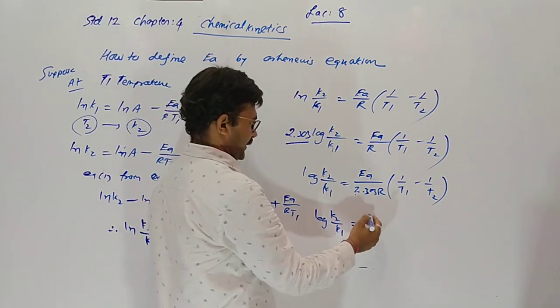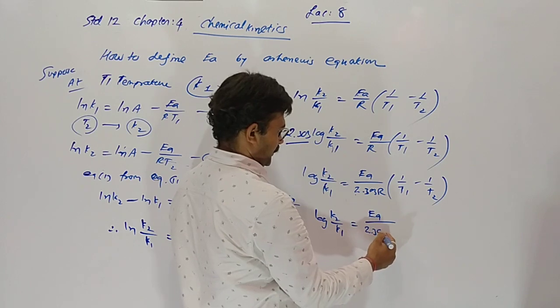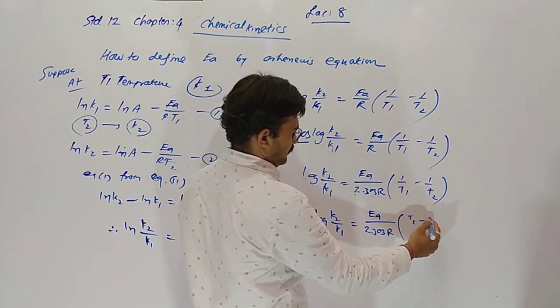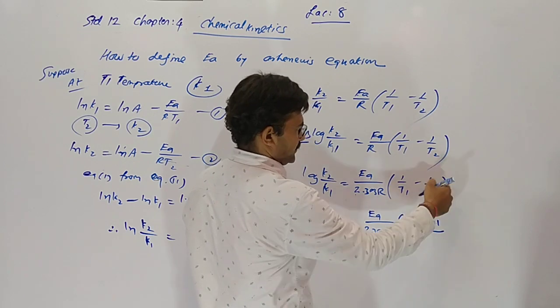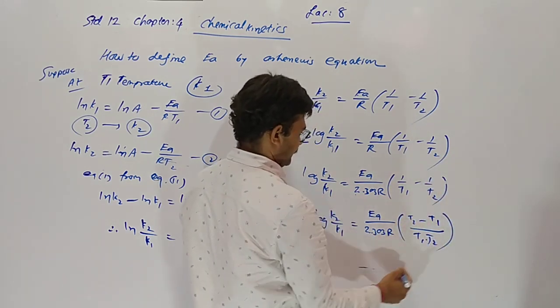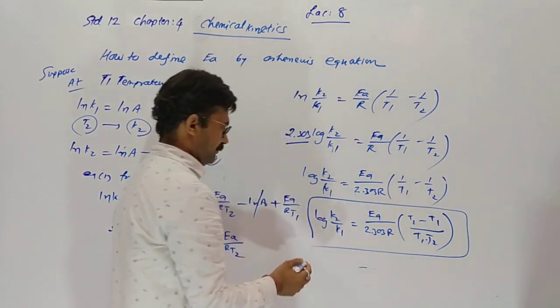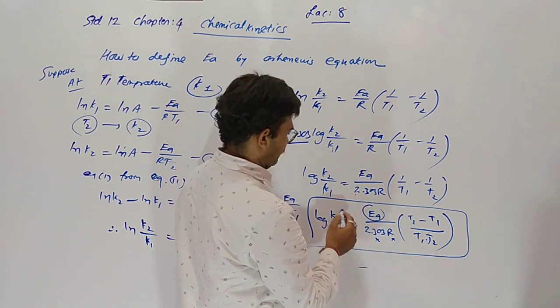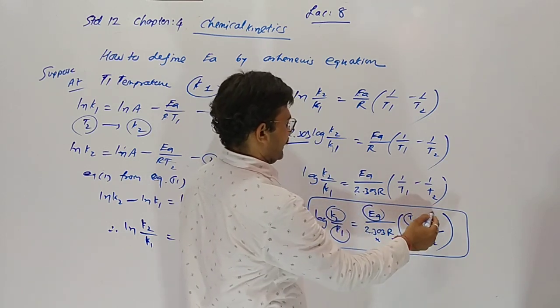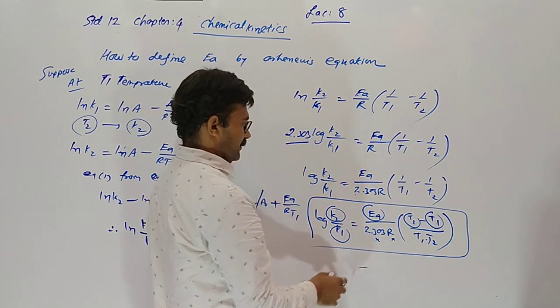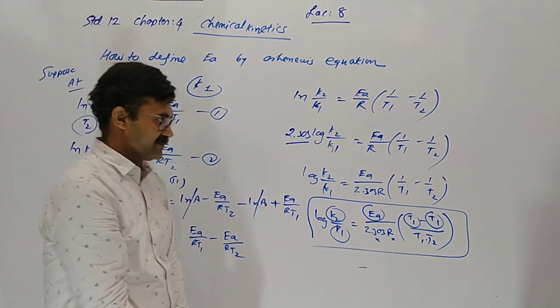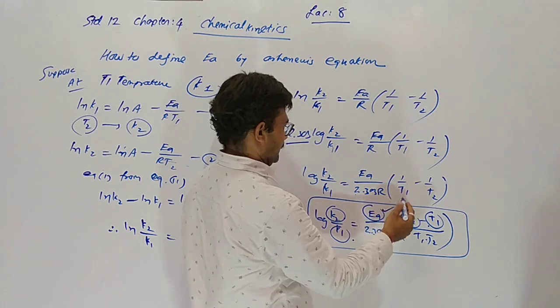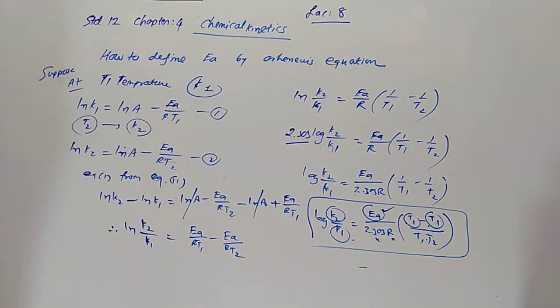Once again simplifying, 2.303 is cross-multiplied, giving T2 minus T1 upon T1 into T2. Here there are 5 variables; 2.303 is a constant. Out of the 5, if 4 are known, then we can find the fifth. If k1, k2, T1, T2 are known, then we can find Ea, the activation energy. Understood?